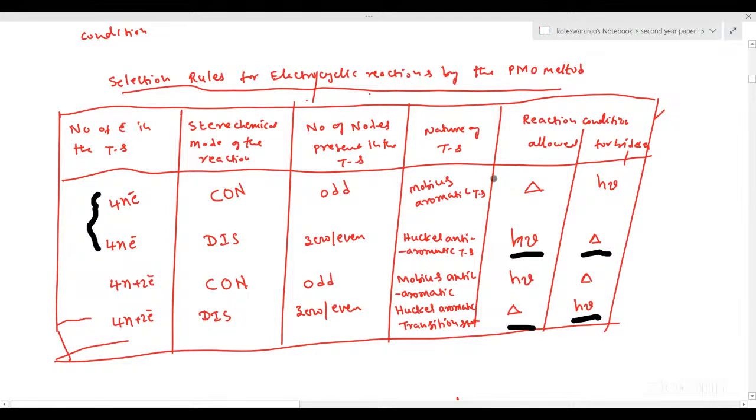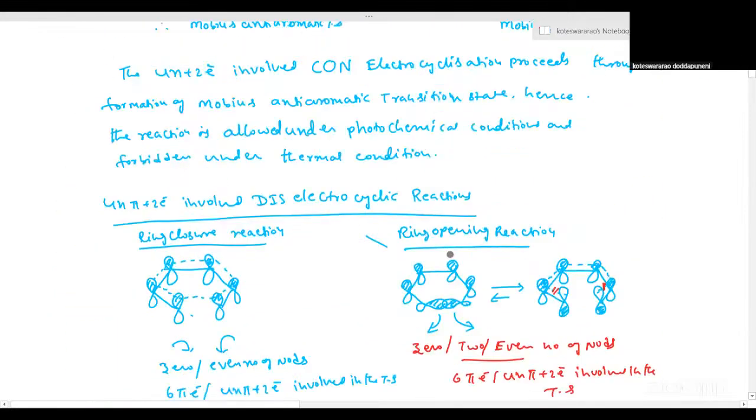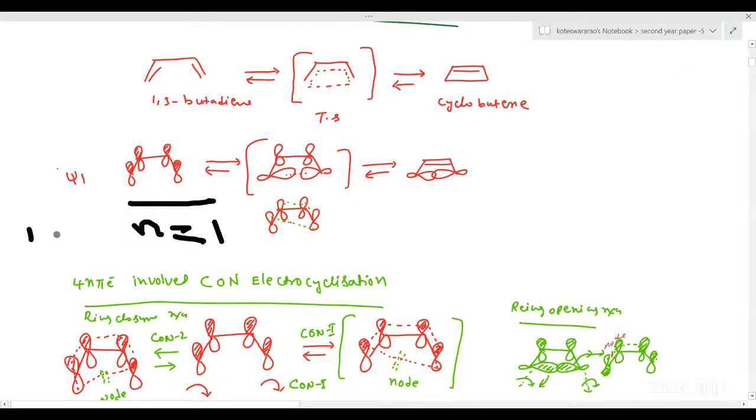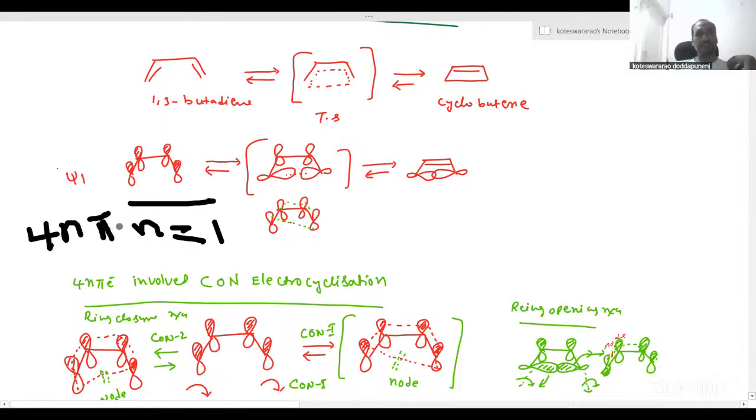But when n becomes 0, sir, that time it won't be possible, right? Yesterday we discussed the same example, butadiene, where n is equal to 1. What is the rule? 4n electrons.